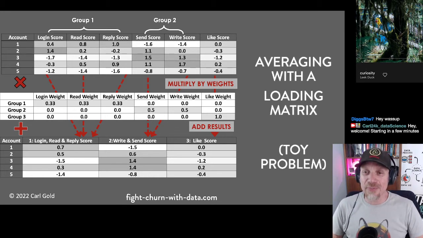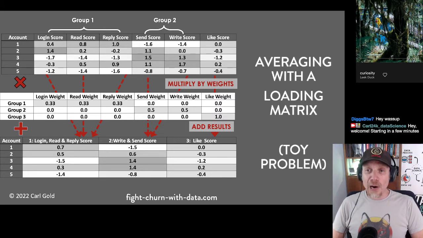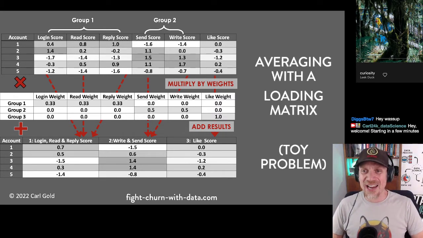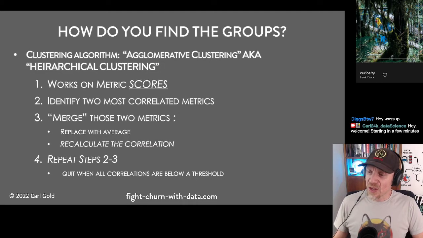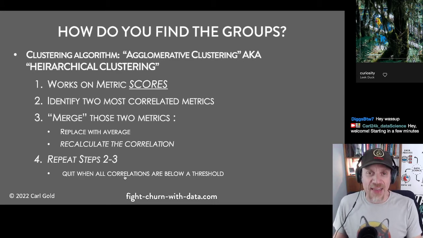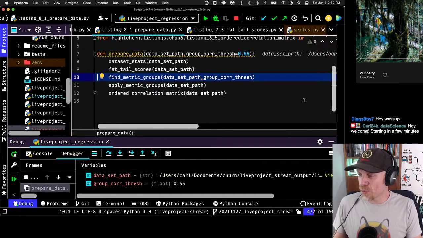It scales up to big data really well because it's just a matrix multiply, which is very efficient. And the hard part of this is actually finding the groups. It says quit when all correlations are below a threshold in this algorithm. And we have to get back to that, because that is an issue with our code.